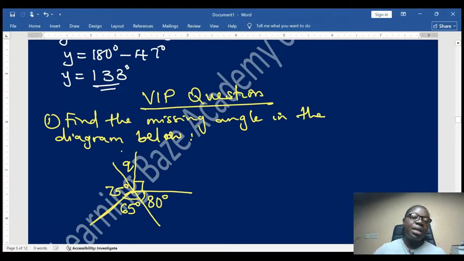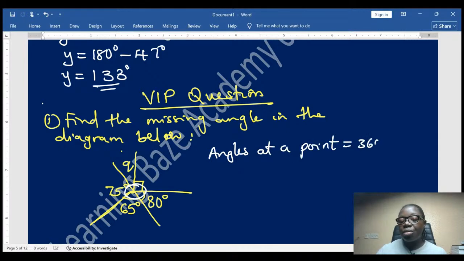Now let me explain how to get the correct answer. If you haven't been paying attention, please pay attention. If you look at everything, you will see that all the angles are meeting like in a circle at a point. So it is angles at a point. The sum of angles at a point is equal to 360 degrees. Add up everything.